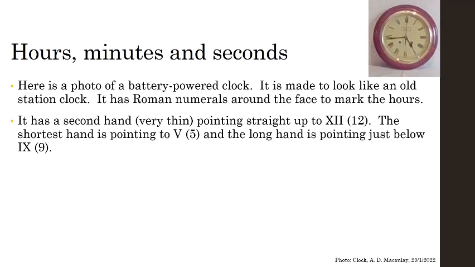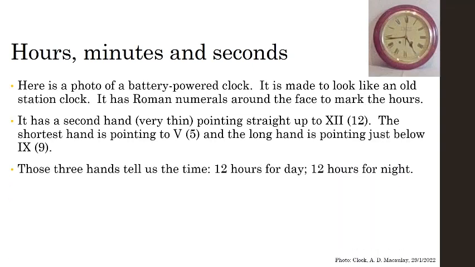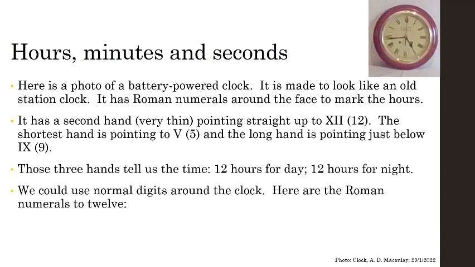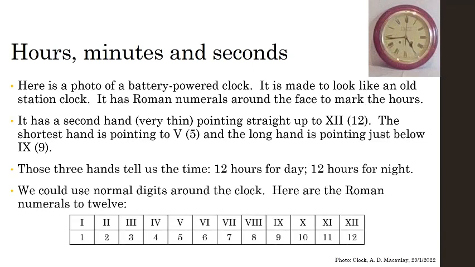The shortest hand is pointing to V, or 5, and the long hand is pointing just below the 9, IX. Those three hands tell us the time. 12 hours for the day, 12 hours for the night. We would use normal digits around the clock, but here are the Roman numerals from I to XII, or 1 to 12.